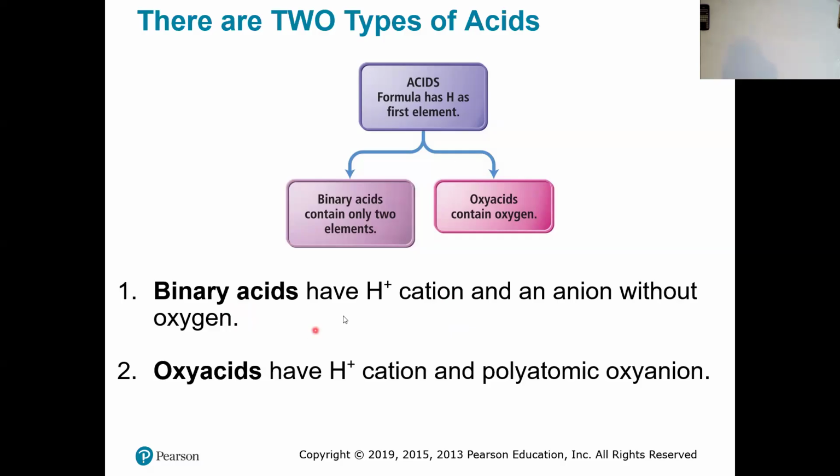It's going to be a hydrogen cation and one other anion attached to the hydrogen, but that anion will not contain oxygen. And then we're going to have oxyacids, and these have hydrogen as the cation, and attached will be a polyatomic ion that contains oxygen.